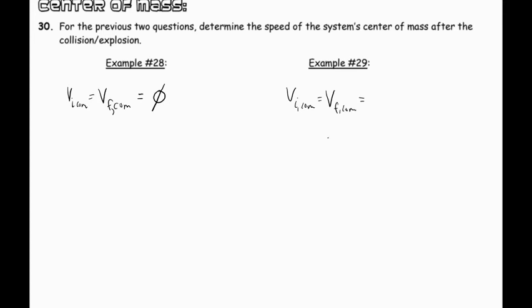So you have 4 meters per second and 0 meters per second, divided by your two identical masses. So you end up getting that the velocity of the center of mass is 2 meters per second.